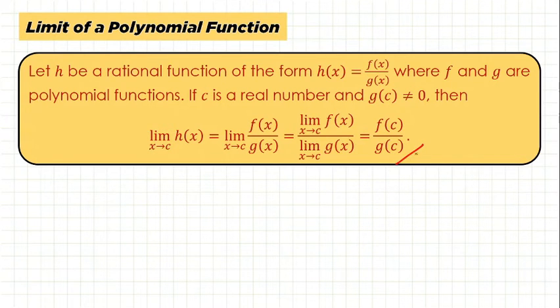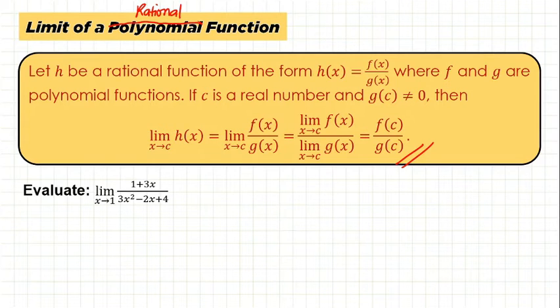Therefore, ang ibig sabihin lang nito, if you are given a rational function, in evaluating the limit, you can just do direct substitution, given that the denominator is not 0.